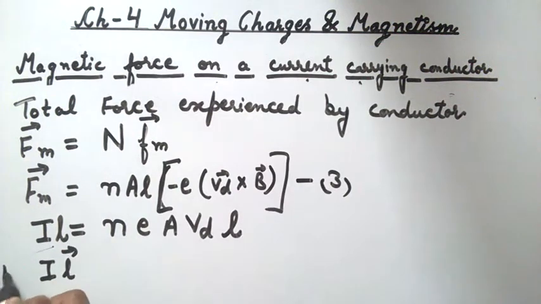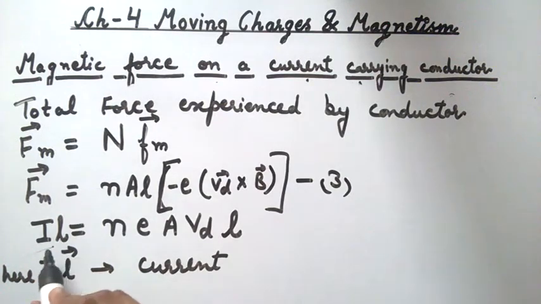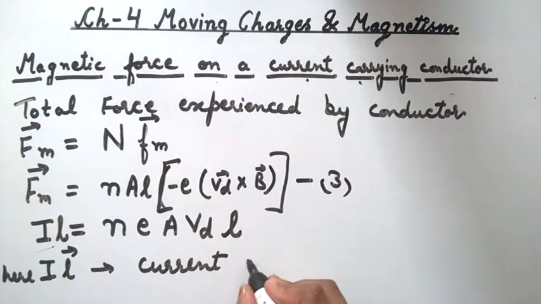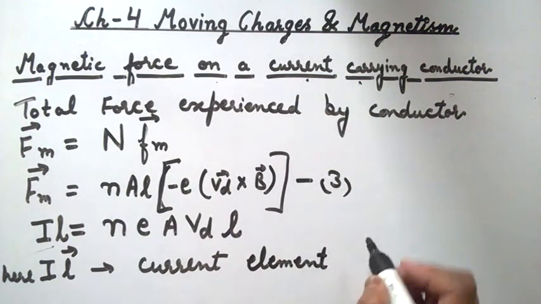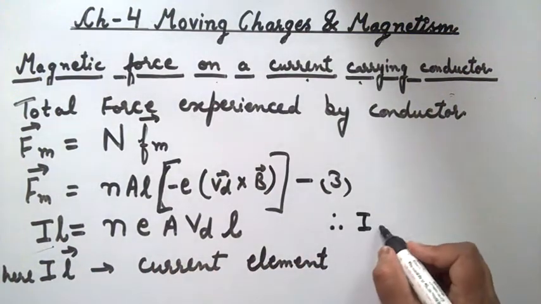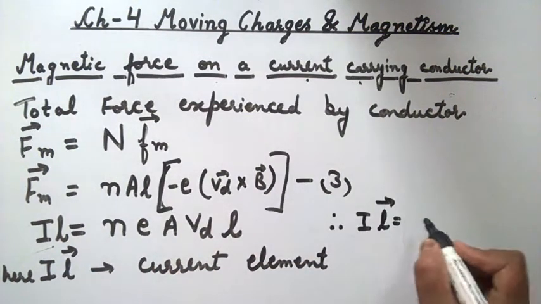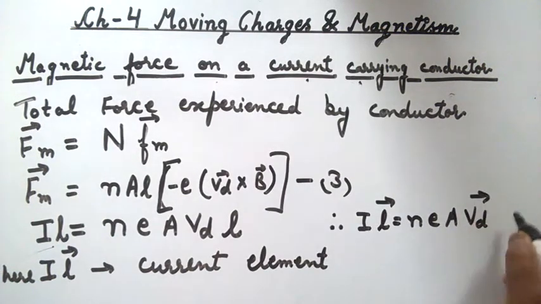Here IL vector is the current element which has its direction along the direction of current. Therefore, we can write IL vector equal to n e A Vd vector.